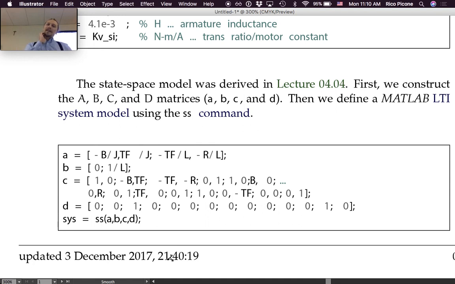So first we construct the A, B, C, and D matrices in MATLAB, define them as lowercase a, b, c, and d. Why didn't we use capital letters? Well, because I really like using capital B for damping, so I have to choose.